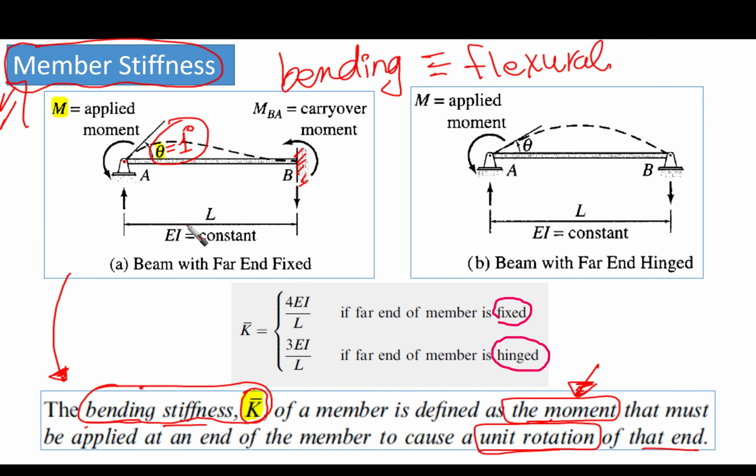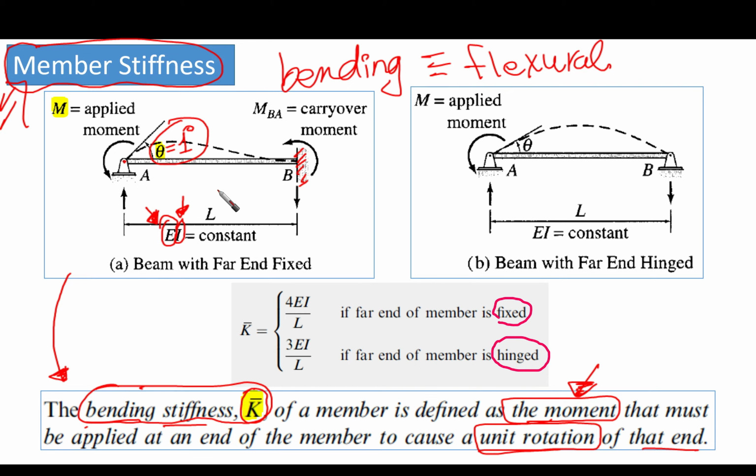Then the material of the member, E, Young's modulus, whether it is a concrete beam or steel beam or wood or rubber or whatever. And I, the inertia of the cross-section of the member under consideration. So these three main parameters give us the bending stiffness.